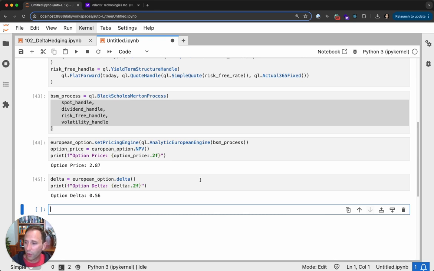Said another way, we want a portfolio of one option and some number of short shares such that if the stock price went up $1, our option price would go up 56 cents, but our stock position would go down. We would lose $56 on the stock position.